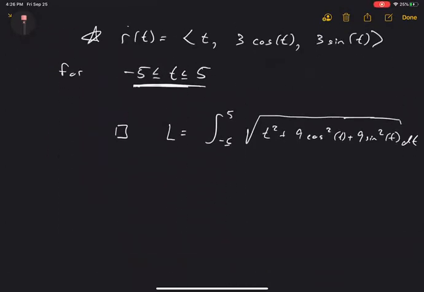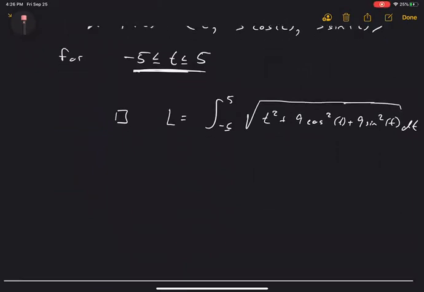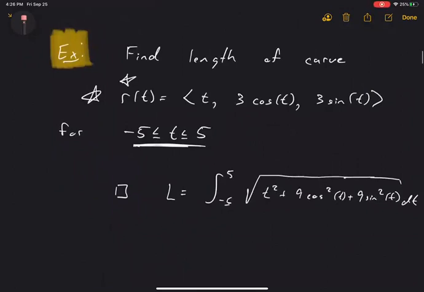Okay, and I even left a little room to do it. So I set up my integral, my initial value as the lower bound of my integral, and this upper value as the upper bound of my integral. Well, if r of t is this, what's r prime of t?